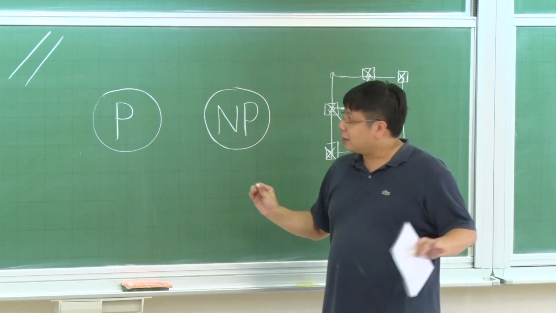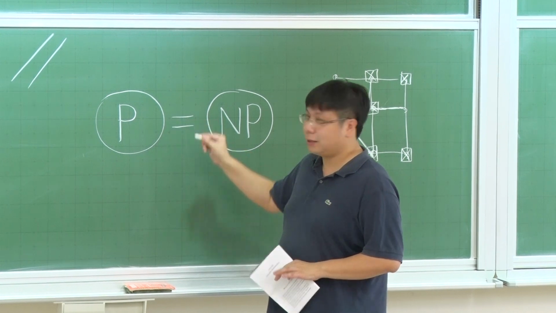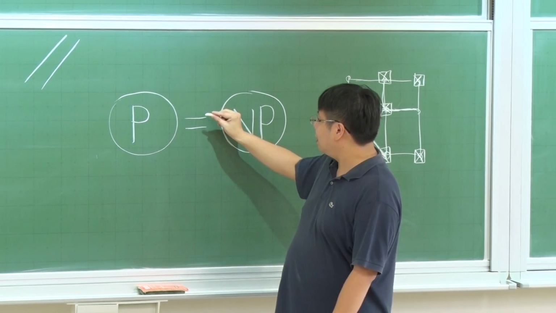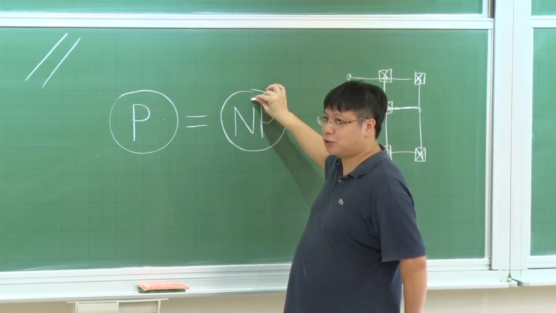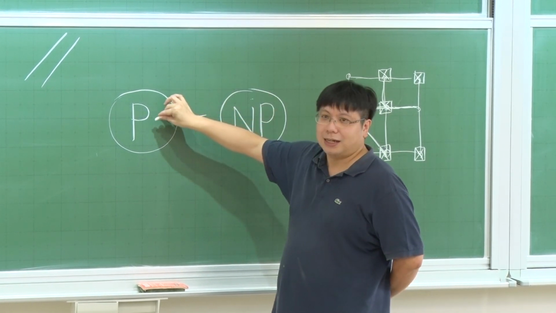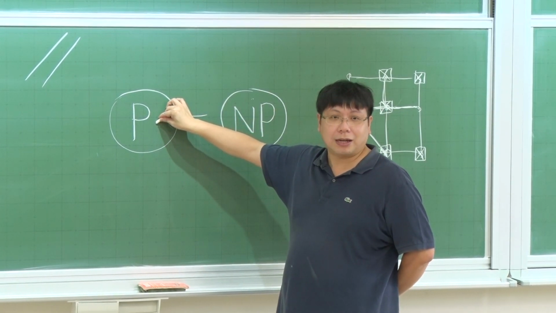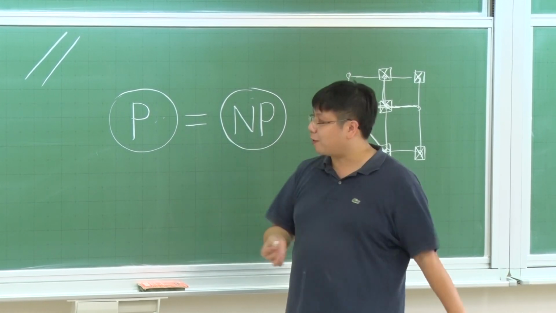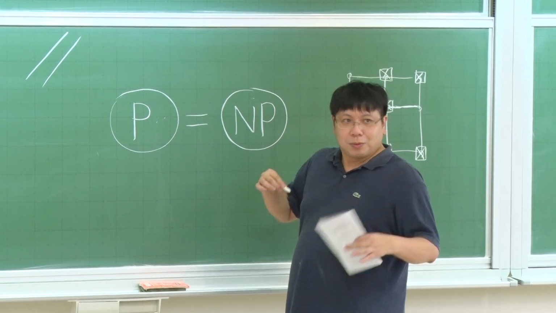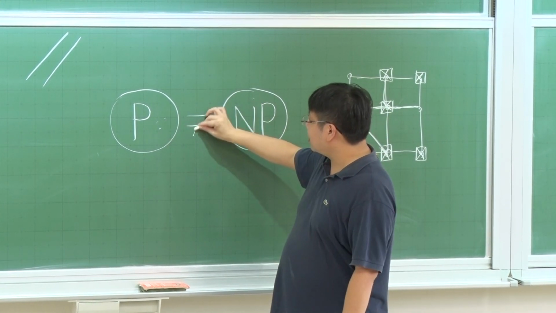So for many years, people believe, and it's just a belief, that there is something here which is super hard and cannot be in this group. You cannot compute it, you can just check it. But computing it is super difficult. So people think that these 2 things are not the same.